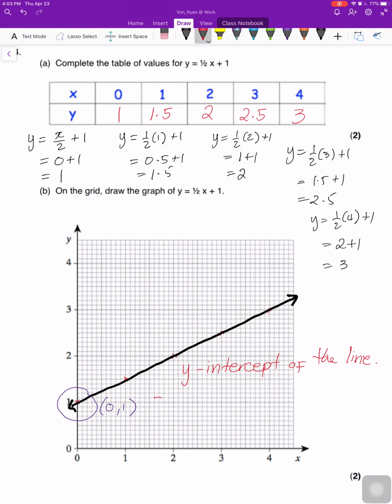It's defined as the point at which a graph intersects the y-axis. So wherever the graph crosses the y-axis, that point is called your y-intercept. Feel free to pause the video so you can copy notes.